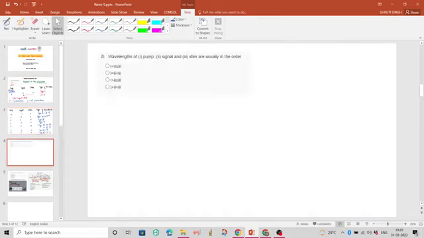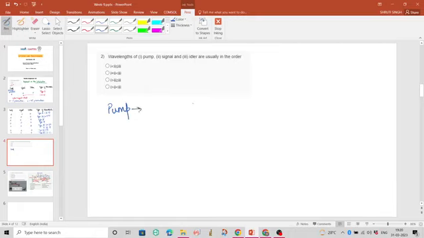So the next question is, wavelengths of pump, signal and idler are usually in the order: 1 less than 2 less than or equal to 3, 1 equal to 2 less than 3, 1 greater than 2 greater than or equal to 3, 1 greater than 2 less than 3. So we have pump.